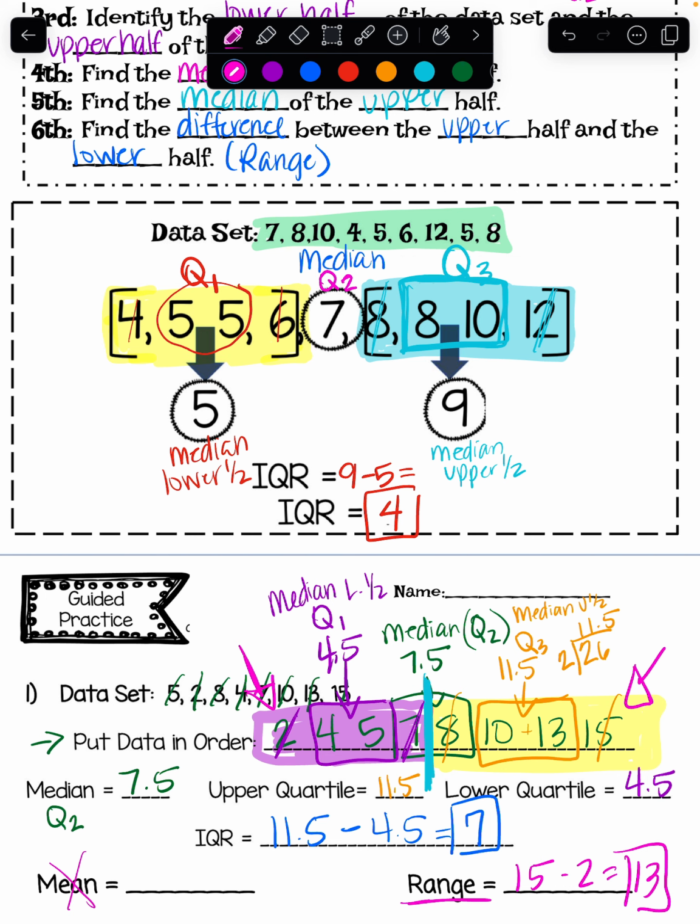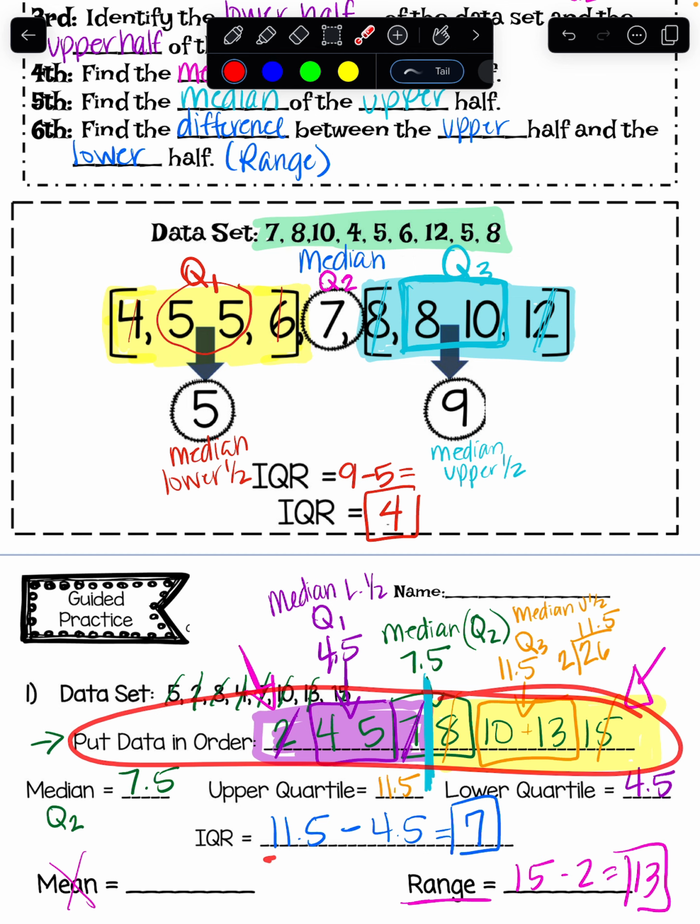So interquartile range, we are still subtracting 2 things, but we have to do all of this work first before we can find the interquartile range, because I have to find the middle, and then the middle and the middle, and then subtract the biggest middle and the smallest middle. And that's why interquartile range is a big word. We have to do big work. If it's just asking for the range and no quartiles, then we just take the biggest and the smallest and subtract. So they're very different, but they're both finding a range, and a range means you're always going to subtract something.